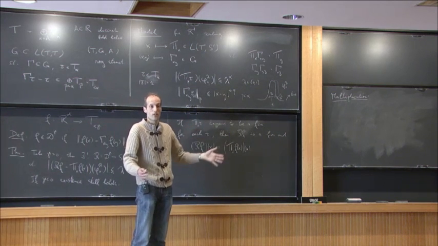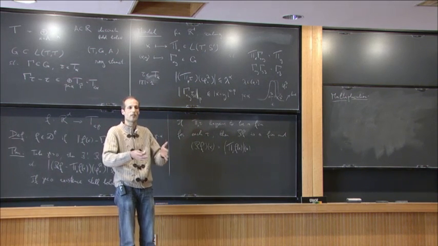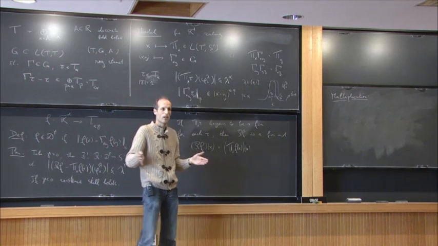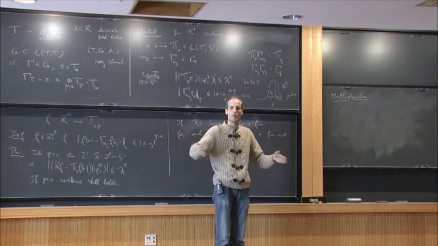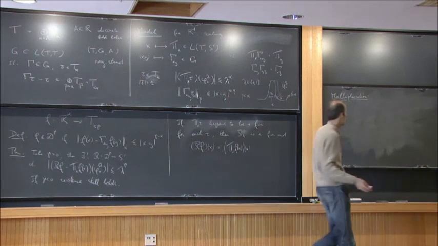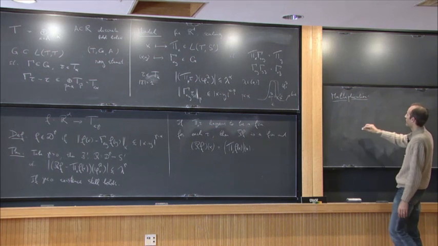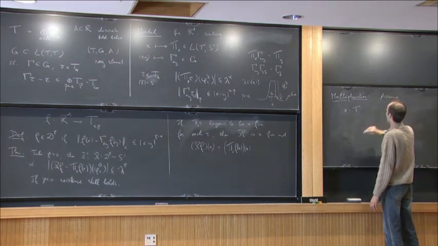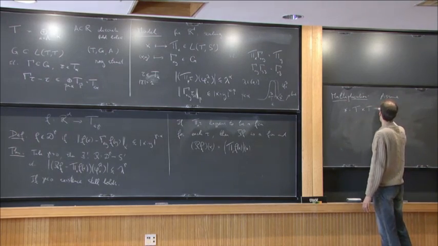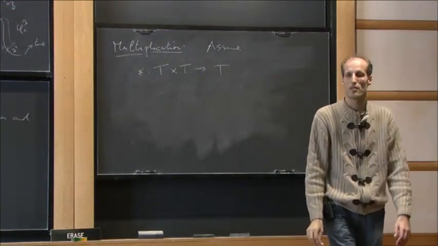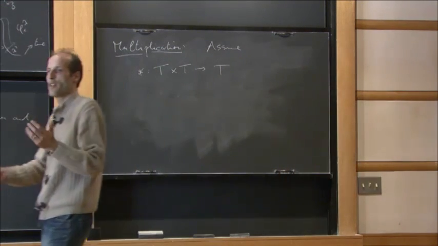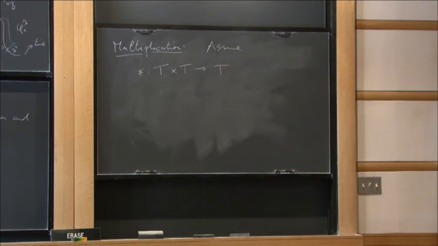So at the level of the usual Taylor expansions, if you think, the Taylor expansion of a product is actually just the product of the Taylor expansions, in the sense that you multiply two polynomials, you get a polynomial again, okay? It's simply the usual product. And so here it's the same thing. We simply assume that we are given a product that takes two elements of T and spits out a new element of T. And so now all we have to think about is what are the reasonable properties that the product should have, right?